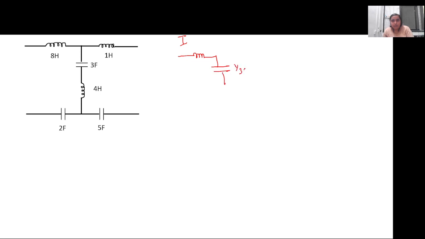So it is 1 by 3S, this is S, and this is 8S. So in series connection the currents are equal, so I'll denote this by I1 and I2, and this by V1 dash and V2 dash.